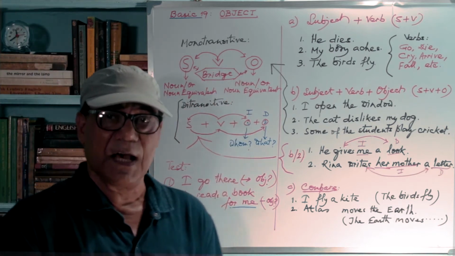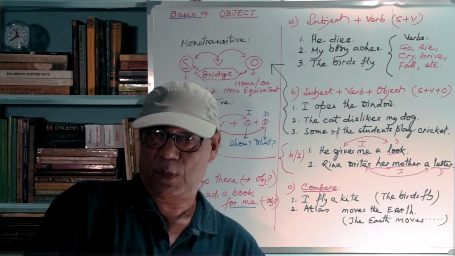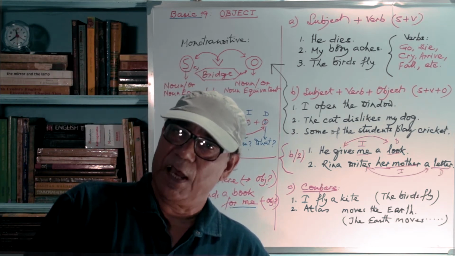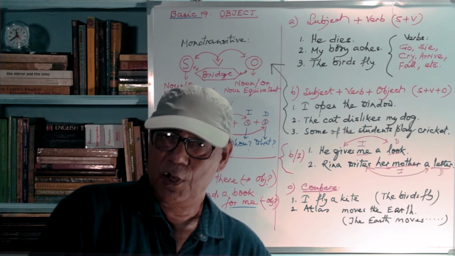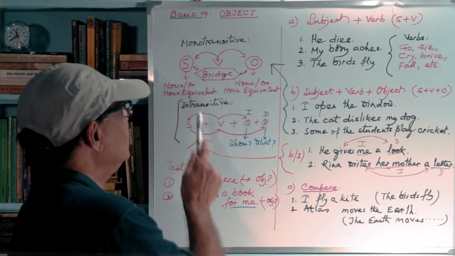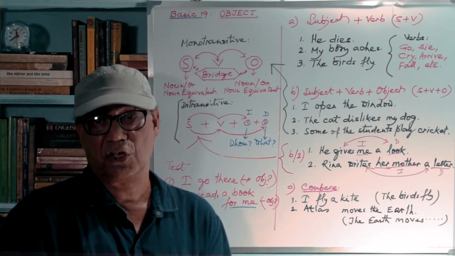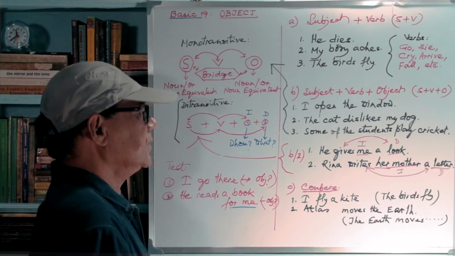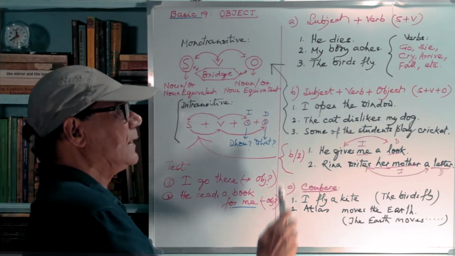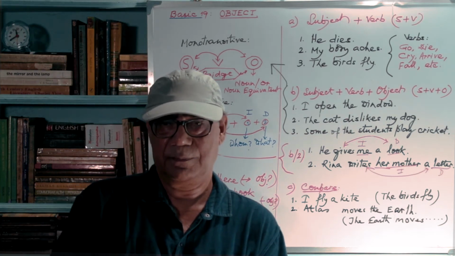Now, if subject is a noun or a pronoun or a noun phrase, whatever, object also can be a noun, can be a pronoun, or can be a noun phrase. So there is some sort of similarity between subject and object so far as the nature of the words are concerned. So I open the window, then the cat dislikes my dog. Dislike is the verb.